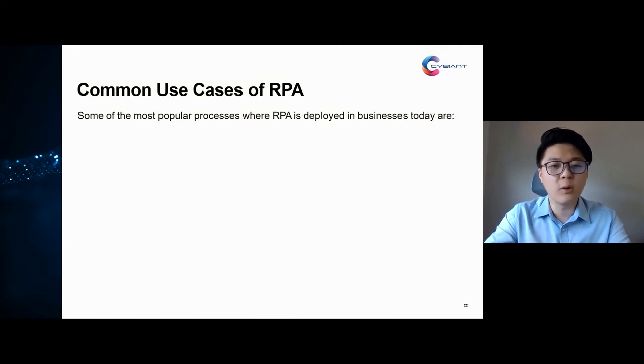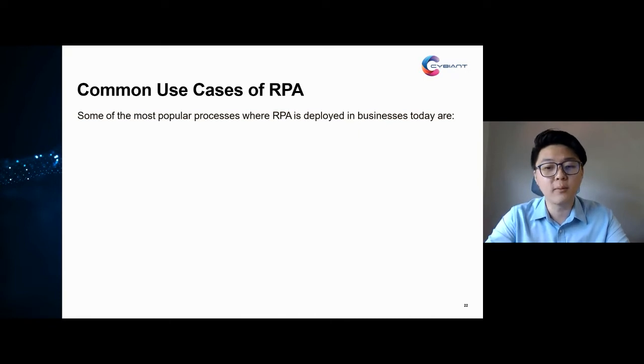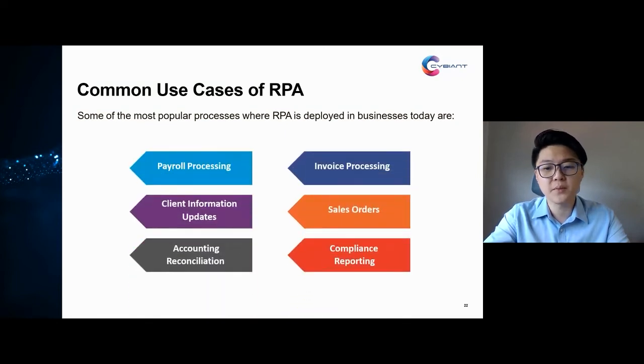Let us look into the common use cases of the RPA. The consistency and accuracy of the robot are significantly higher than what a human worker can accomplish. That means that they are less prone to error, and a robot can be built to report on all relevant activities around their processes immediately, making it easier to keep track of their activities.